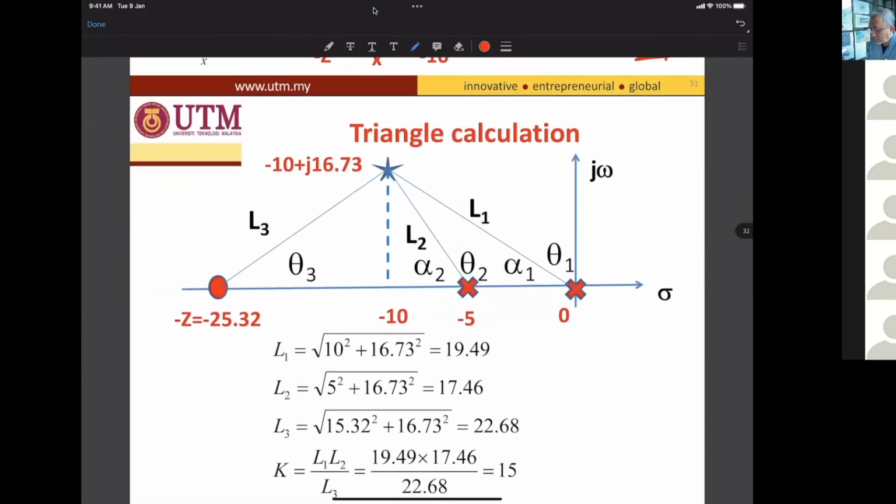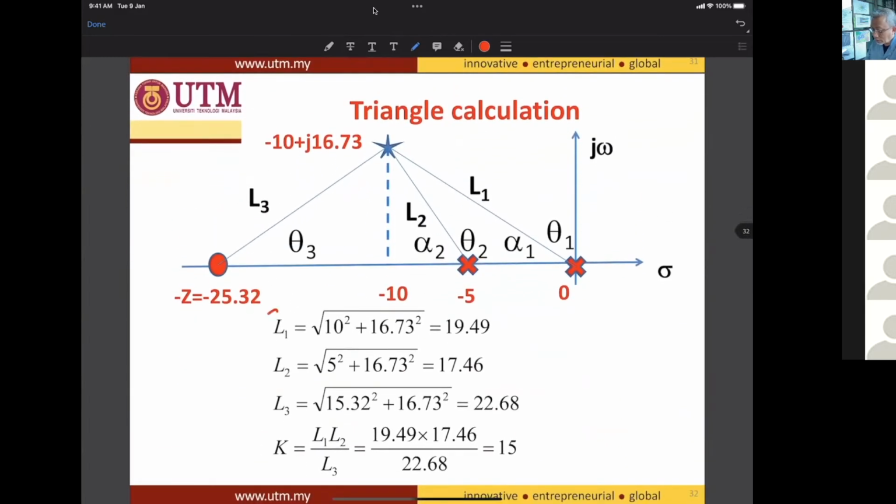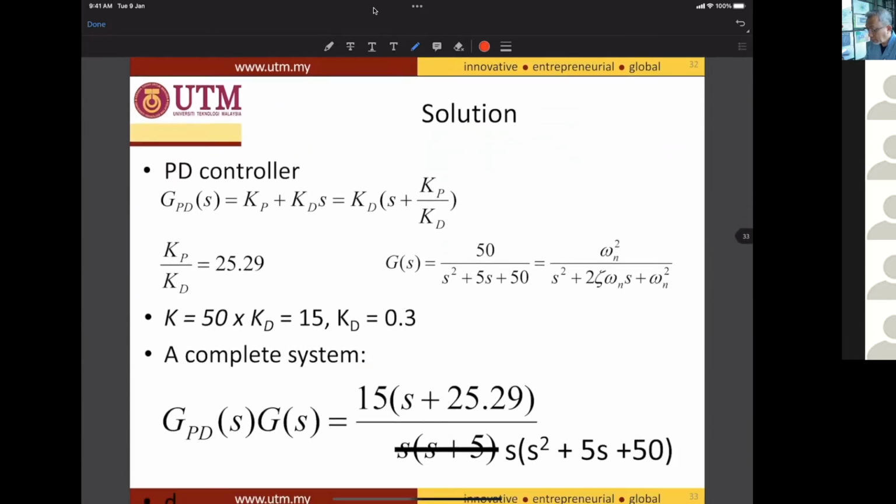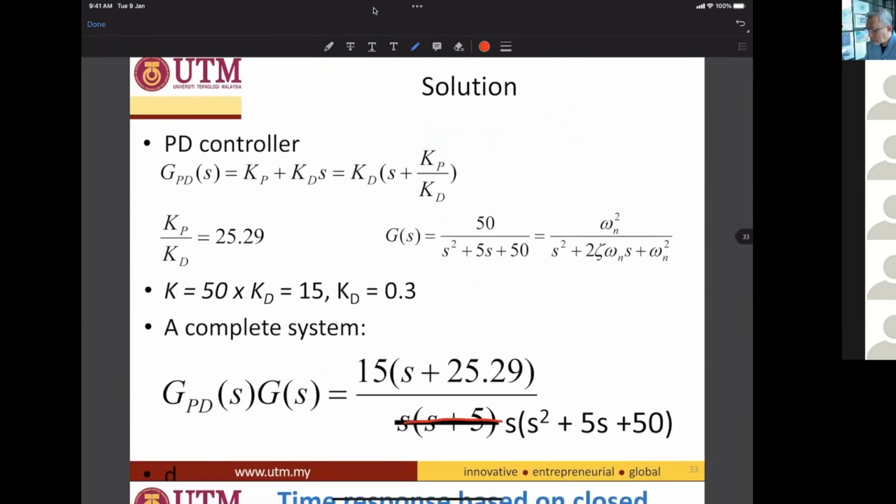Jadi nak kira gain either guna dua cara, satu guna length, satu lagi guna angle magnitude criteria. And this is the PD solution. So buang S tu. Ni tak ada.